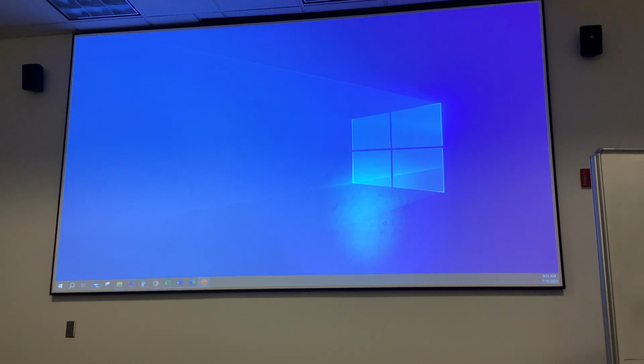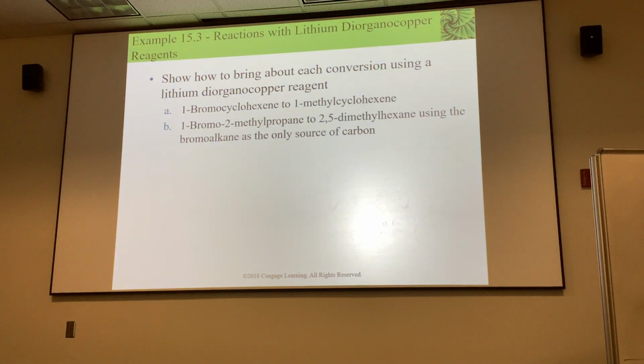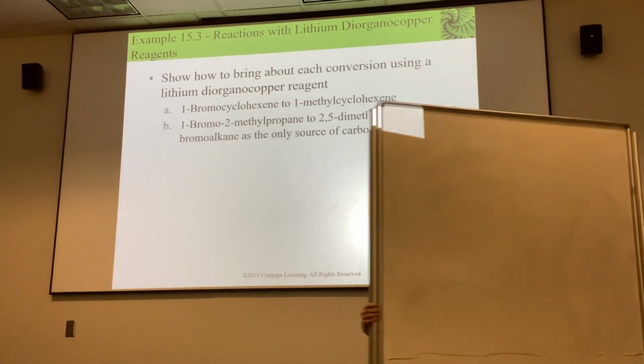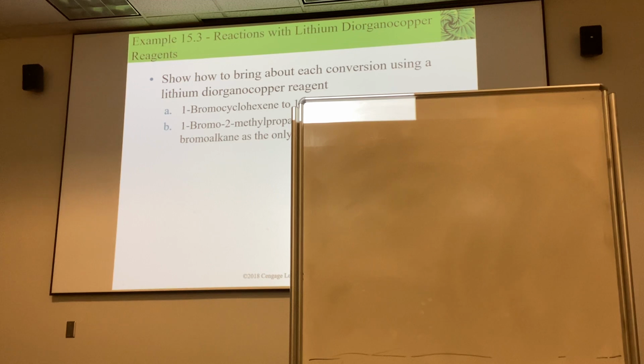Did we do this one in class? 1-bromocyclohexene to 1-methylcyclohexene. Did we do that? I feel like we did not. Okay, yeah, let's do this guy. So, bring about each conversion using a lithium diorganocopper reagent.